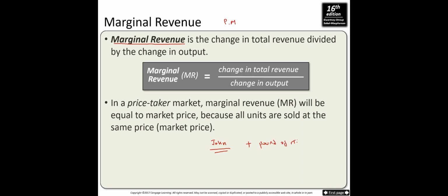Just ask yourself this question. Additional pound of rice. It's $2, right? Because when he sells one more pound of rice, then he's making $2, which is the price. So in perfectly competitive markets, marginal revenue is equal to price. Okay? The price of the good itself.